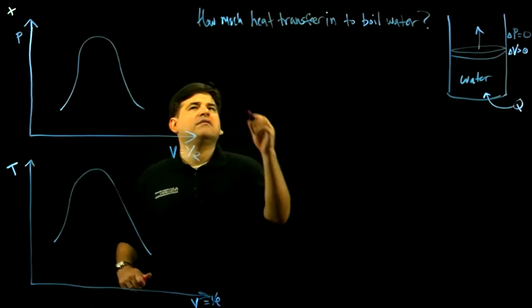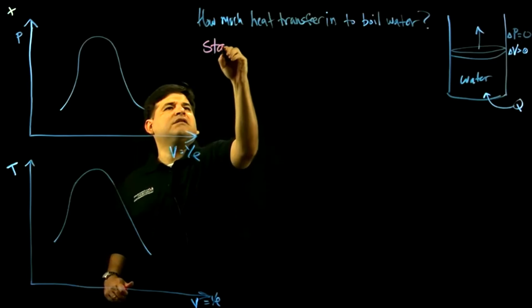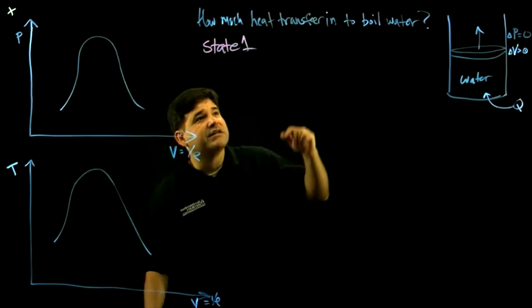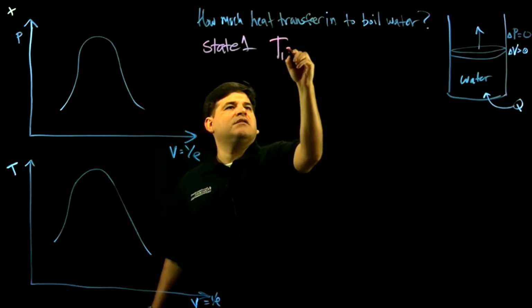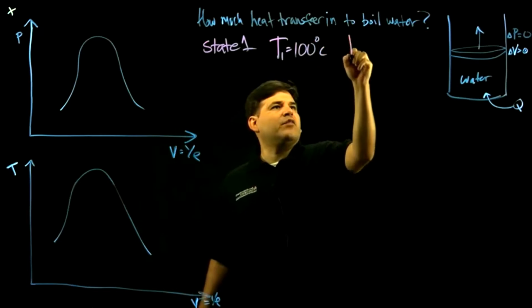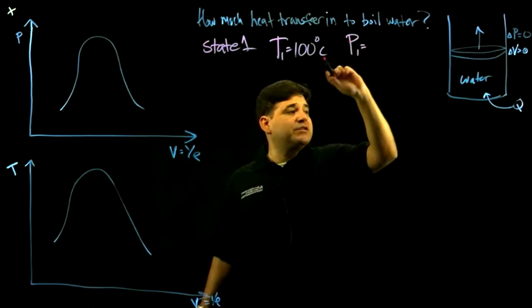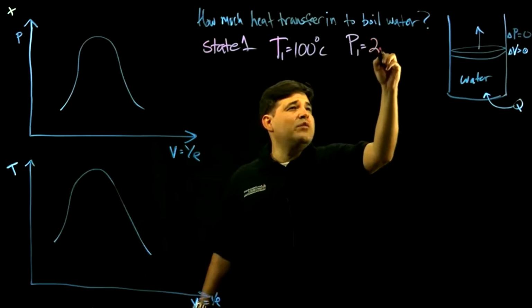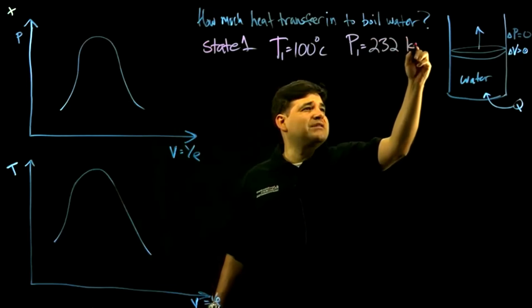So given that state 1 is at a known temperature of 100 Celsius, and the pressure at the beginning, which is also the end, it's isobaric, constant pressure, will be 232 kilopascals.